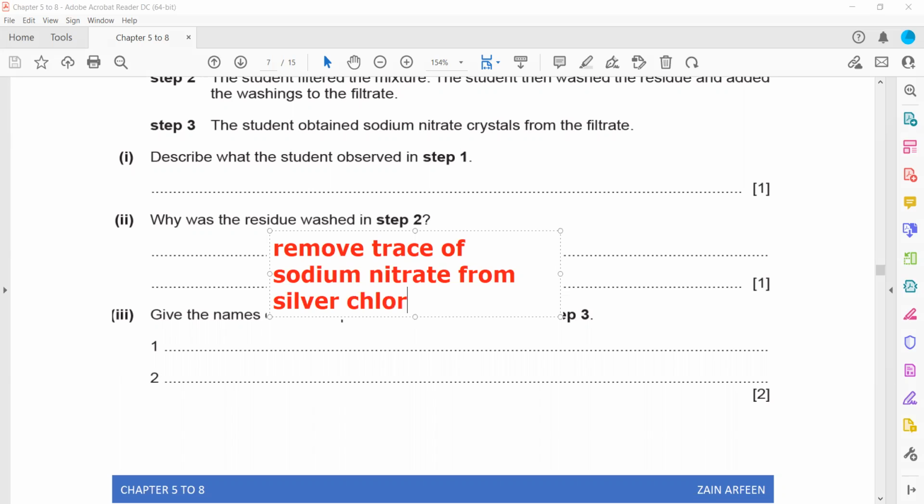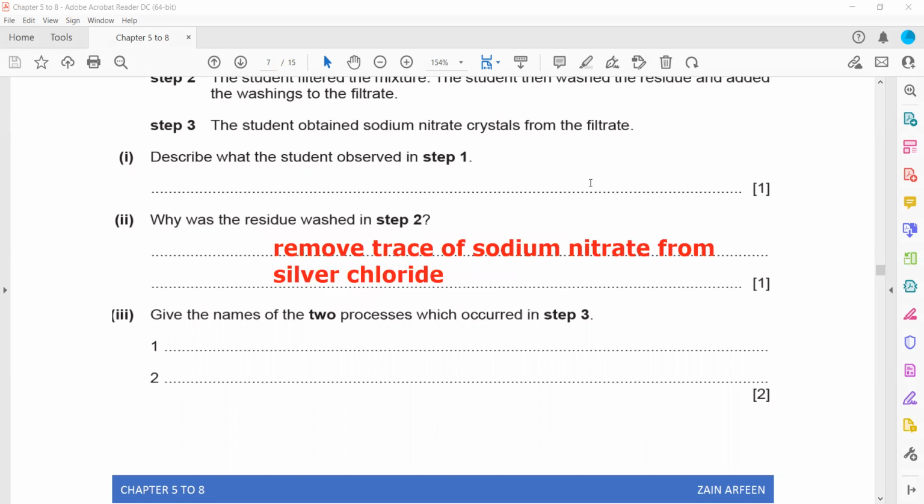Because the sodium nitrate is soluble, so when we add water, sorry, to remove trace of sodium nitrate. If any trace of sodium nitrate is there on silver chloride, when we wash, all the sodium nitrate will dissolve and be added to the reaction mixture.